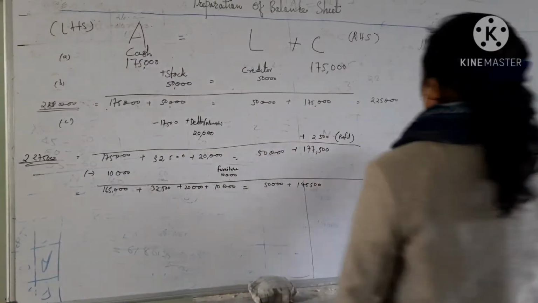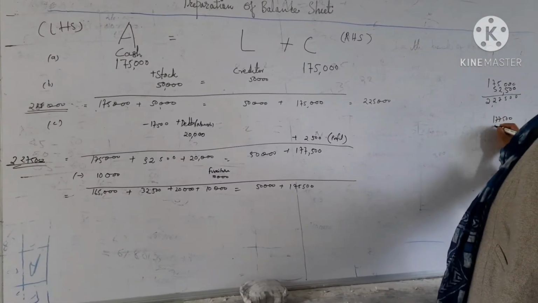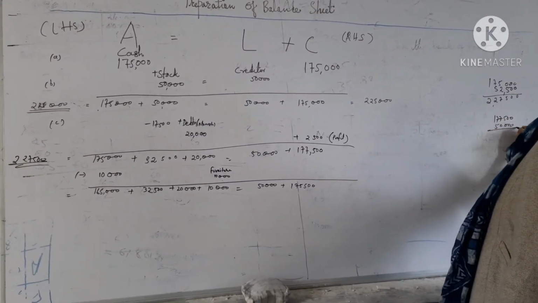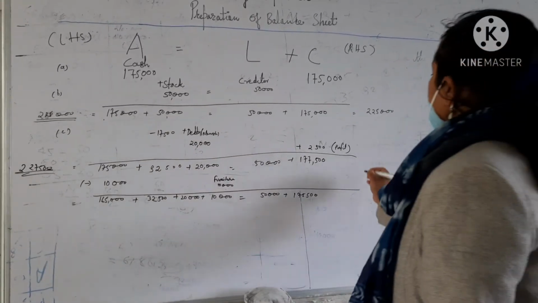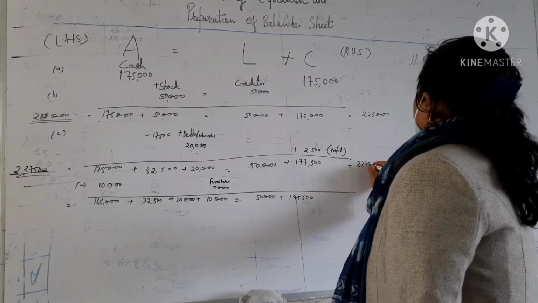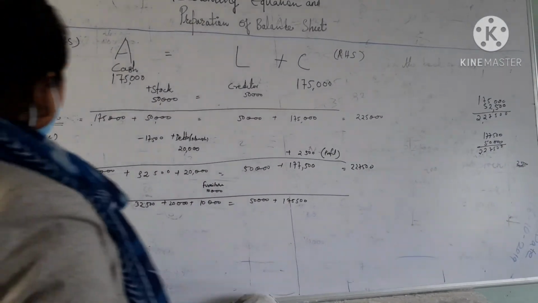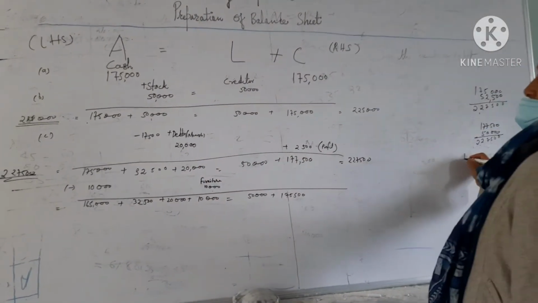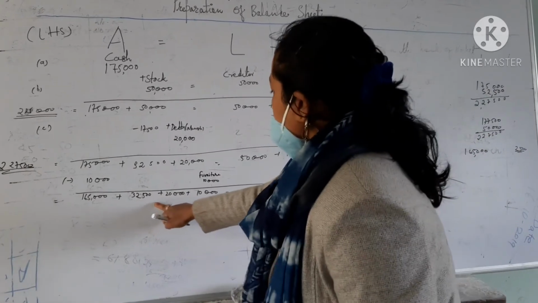Now it should be same in the right hand side also. That is 1,75,500 plus 50,000. Is it same? Yes or no? Yes, 2,27,500, isn't it? Now you have to do the total of this side also. See, 1,65,000, then 32,500.